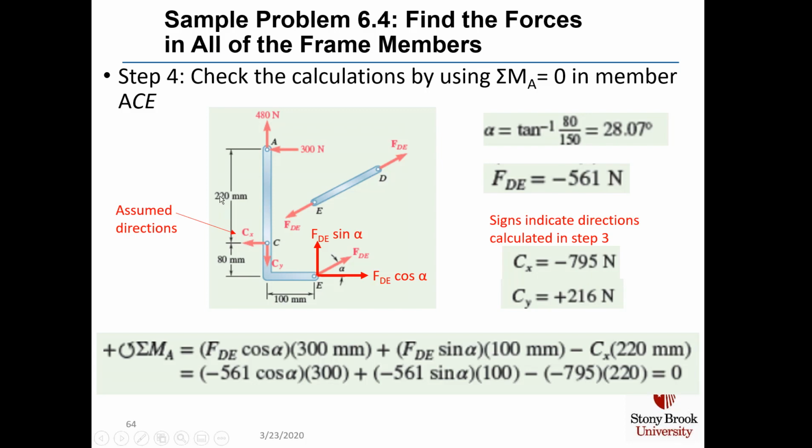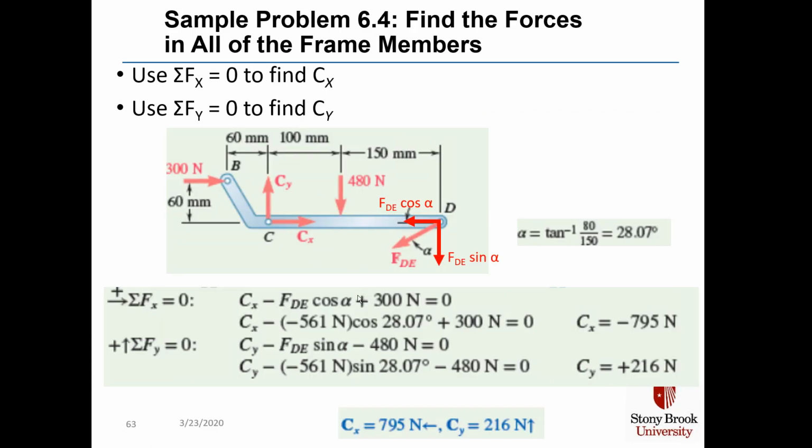Its lever arm is 220 millimeters, but the key message here is don't change the signs of the forces when you go from one member to the next. Leave them alone because you've already accounted for that by changing the directions of the arrow in ACE compared to what it was in its neighboring member, which was BCD.